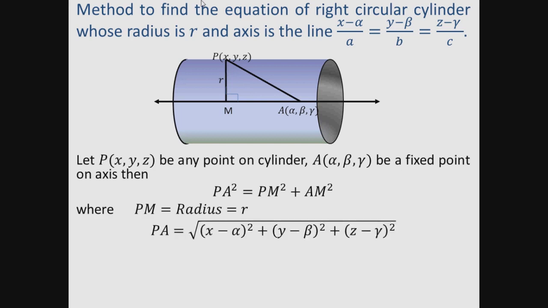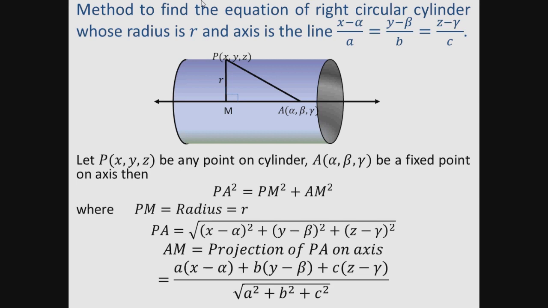PA will be the square root of (x minus alpha) square plus (y minus beta) square plus (z minus gamma) square. AM is the projection of PA on the axis, and in the first introductory chapter we saw the formula for a projection: a into (x minus alpha) plus b into (y minus beta) plus c into (z minus gamma), divided by the square root of a square plus b square plus c square.